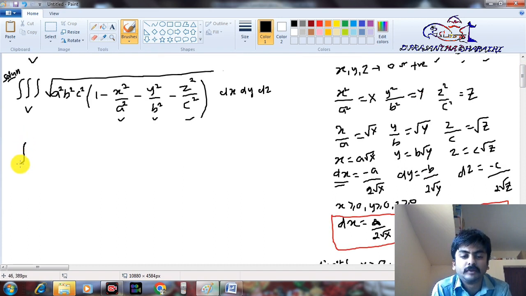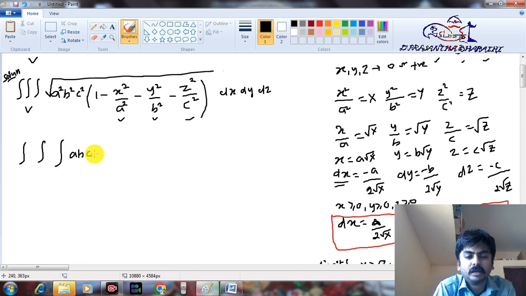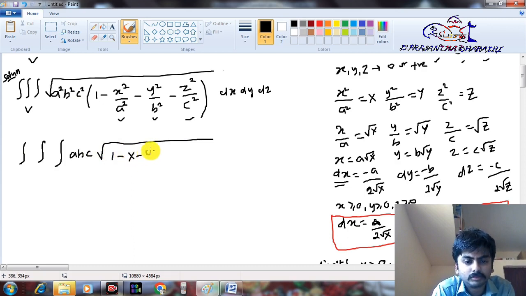So we are having the triple integral of, since this a square, b square, c square is inside the root, if I take them outside the root I will get abc, abc of root of 1 minus X minus Y minus Z. Very good.